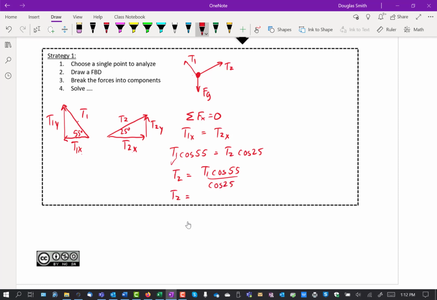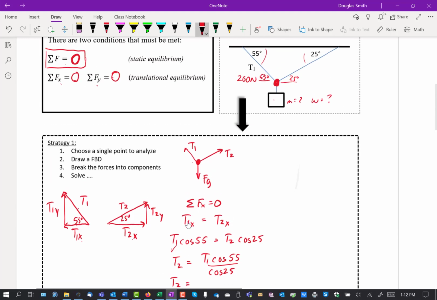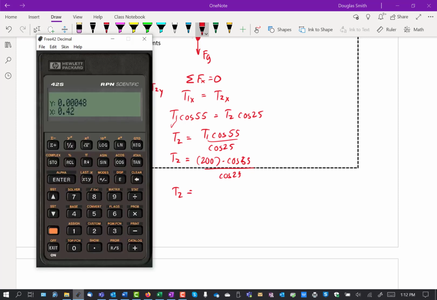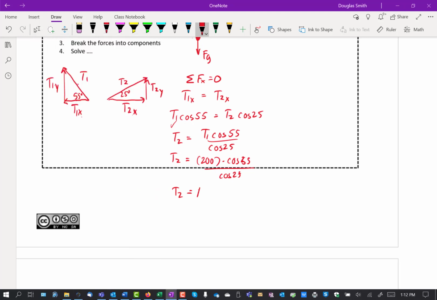T1 is 200, so T2 is 200 times cos 55 divided by cos 25. Pulling out my calculator: 200, 55 cos, 25 cos, divide, gives 126.6 newtons.